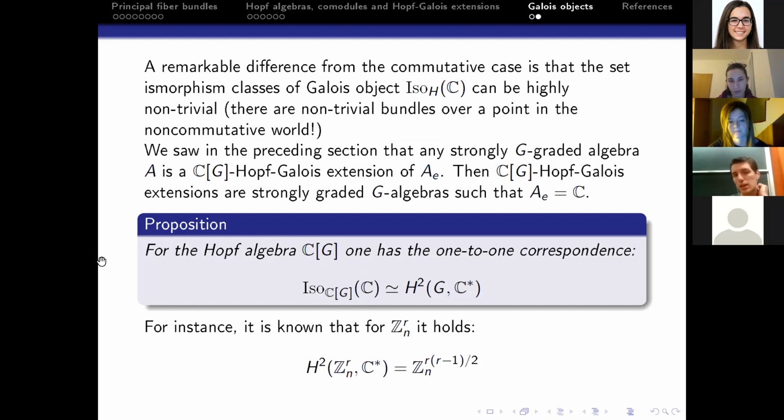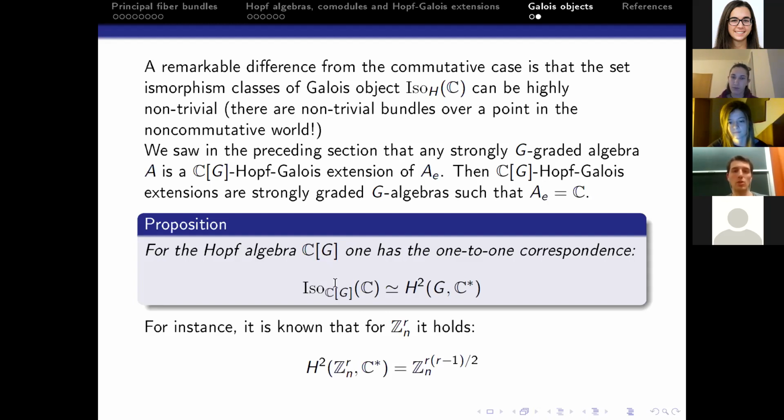This tells, for instance, that if we take the direct product of r copies of a cyclic group of order n, there is this result, which is a group with its exponent. And the important thing is that this is non-trivial.